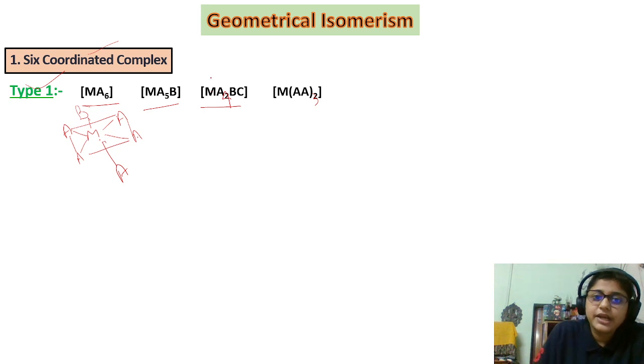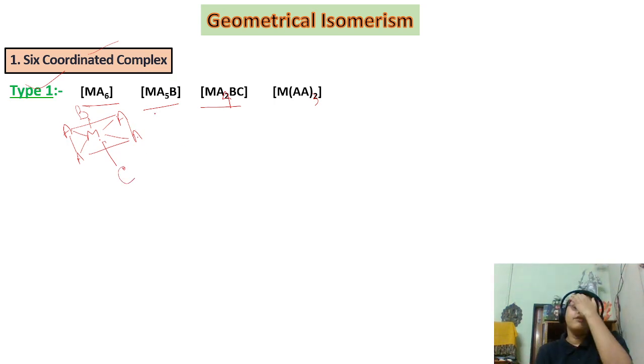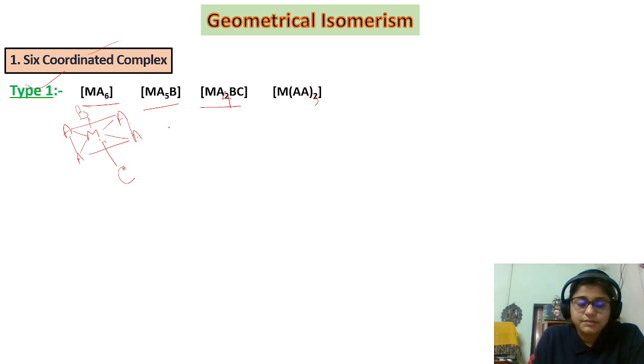But when we incorporate the MA4BC, let this be C. Then what will happen? Two structures are possible. How?